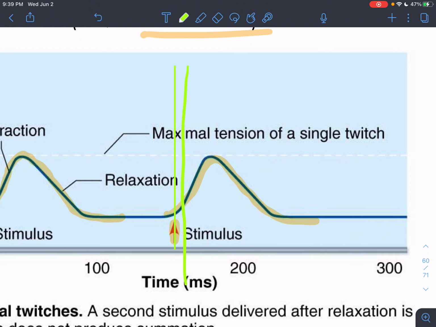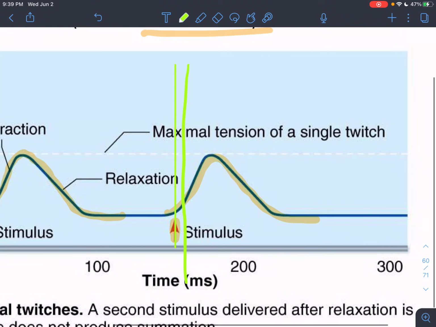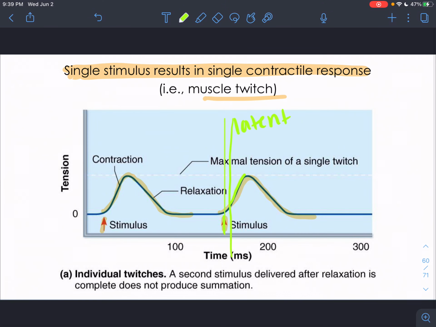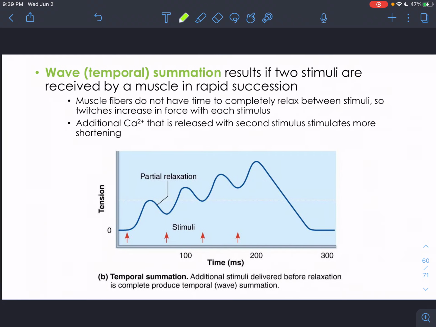The latent phase is the time between the stimulus and when contraction actually starts. Okay. But again, if we change the frequency of the stimulus, we can change the response of our muscles.